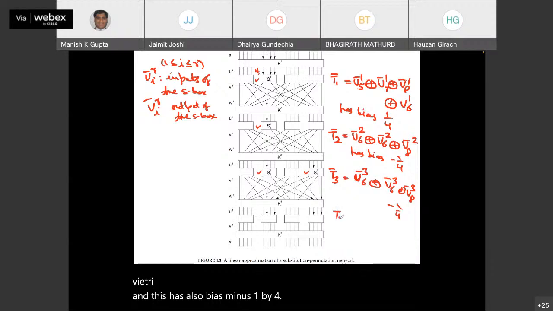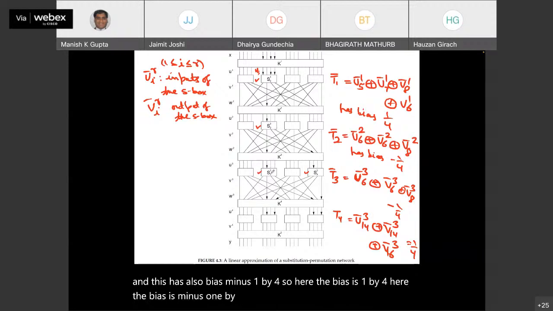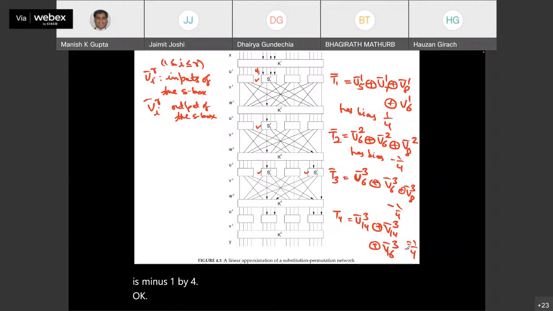Then we have T4 equal to U14P plus V14P plus V163, and this also has bias minus 1/4. So here the bias is 1/4, here the bias is minus 1/4, here minus 1/4, here minus 1/4.